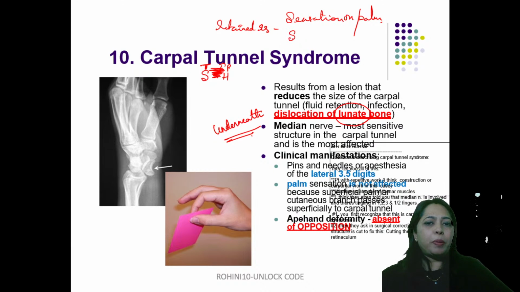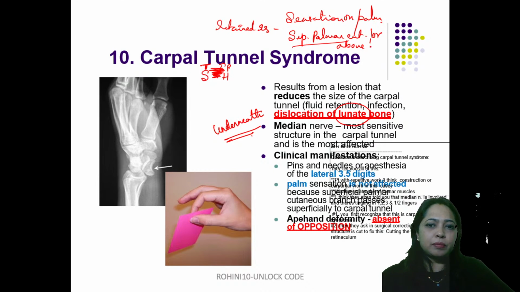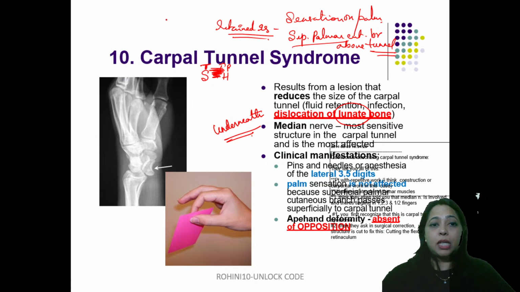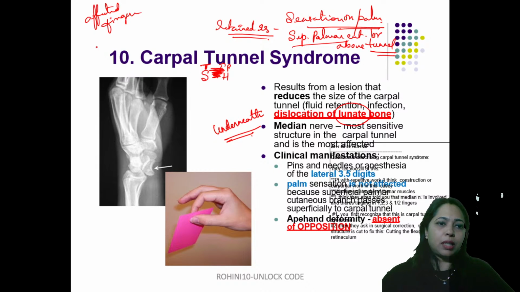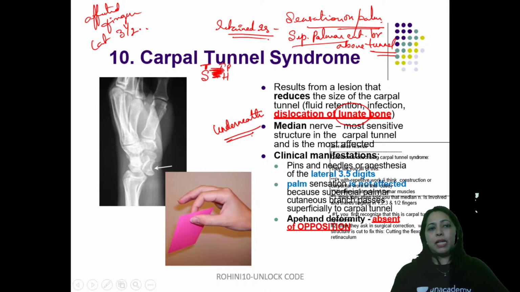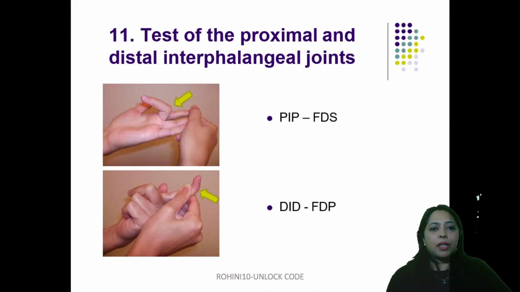Because the superficial palmar cutaneous branch goes above the tunnel and is unaffected. So sensation on the palm is retained. Affected are the lateral 3.5 fingers, where sensation is lost.